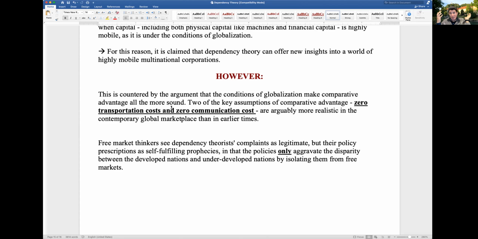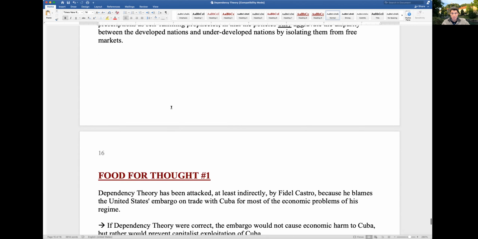So this idea of a global marketplace, including comparative advantage, is more relevant now than ever, right? So you have these 2 competing arguments: that comparative advantage is just going to break down, and then neoliberals argue that it's quite the opposite, that it's actually going to gain strength. Well, we'll see. We'll see for the case of Latin America.